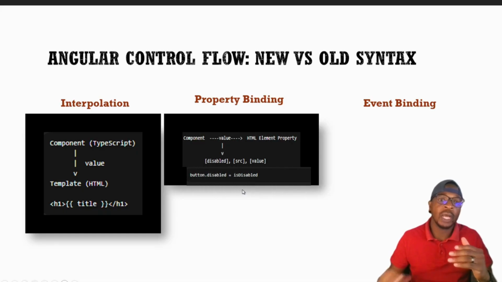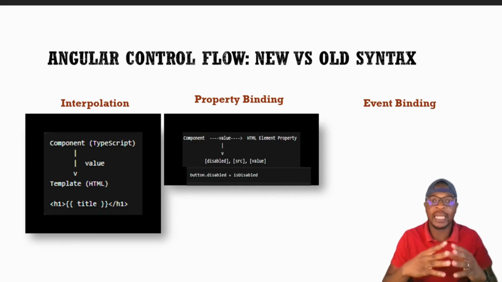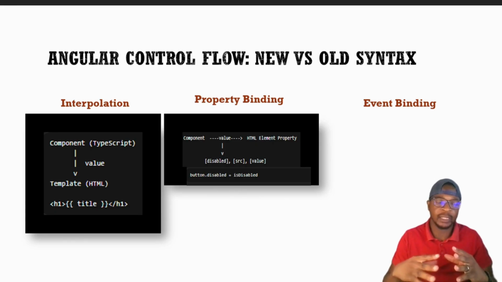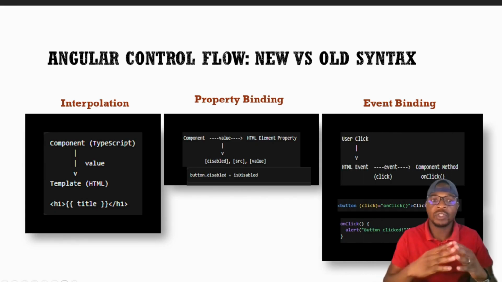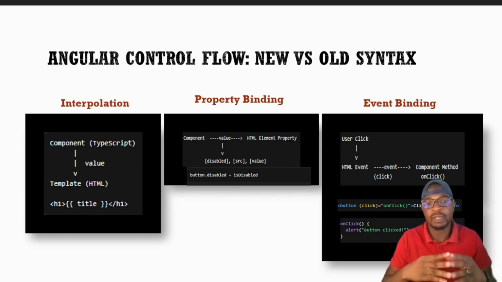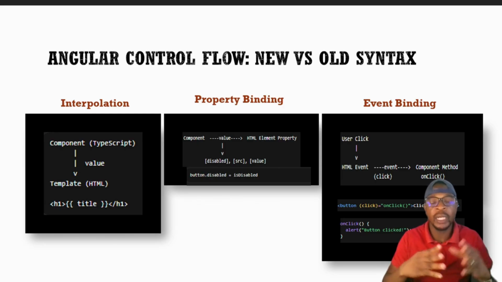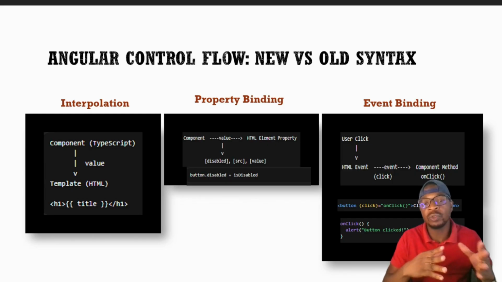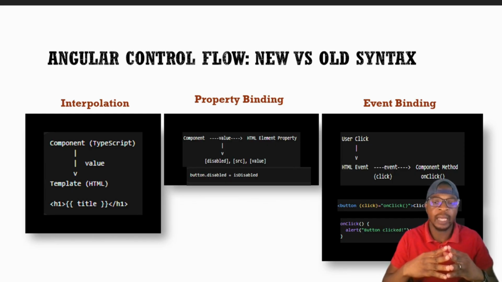We also saw how property binding can dynamically update your element properties. And lastly, we saw how an event binding allows the template to respond to user action, such as click and input. We also discussed the advantages and disadvantages of each approach, and when to use the most appropriate type of data binding.